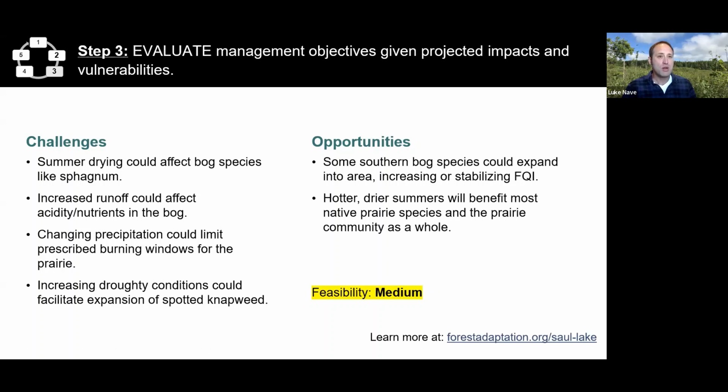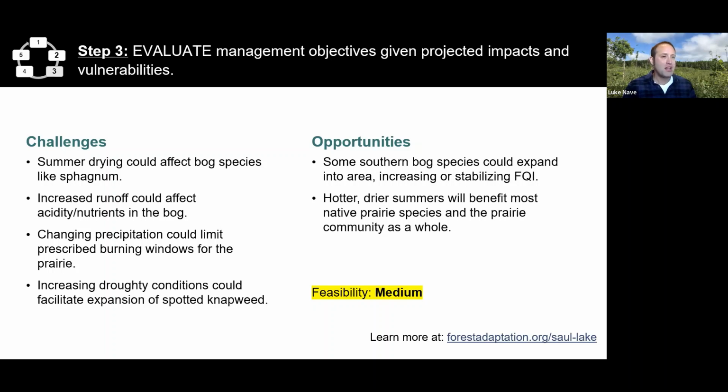Being able to do prescribed burning under safe conditions is complicated by longer dry periods. It's also complicated by really wet years. That hydroclimatic variability might also mean that you just don't get a burn window at a time when you might have in the past, because fuels never really dry out.